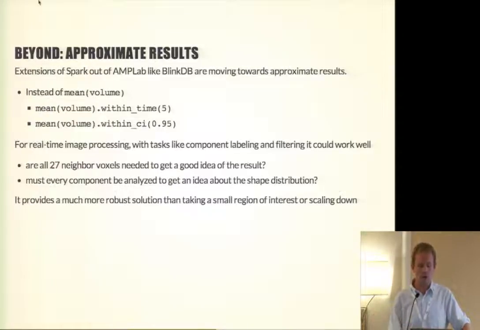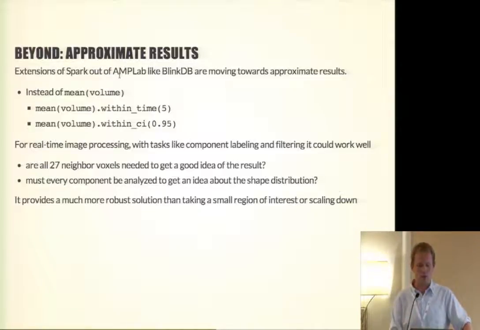And if you use a tool like BlinkDB, you can get results quicker without making such a brute or blunt downsampling. You can just have BlinkDB decide which ones are important or which ones can be computed quickly, and you can get your result much faster.